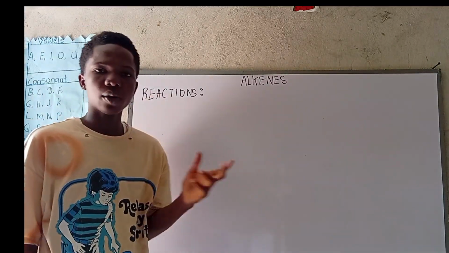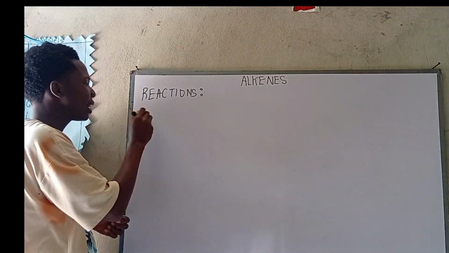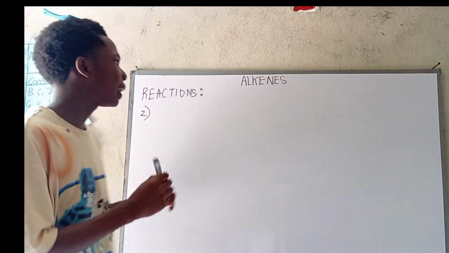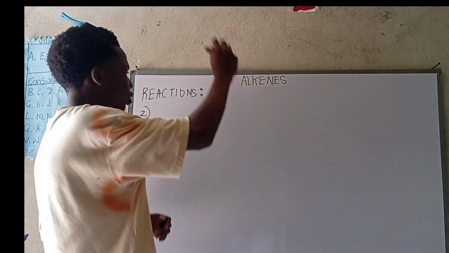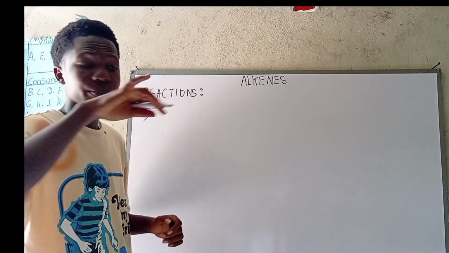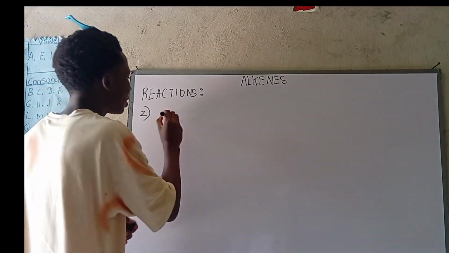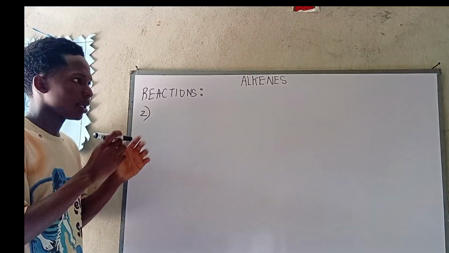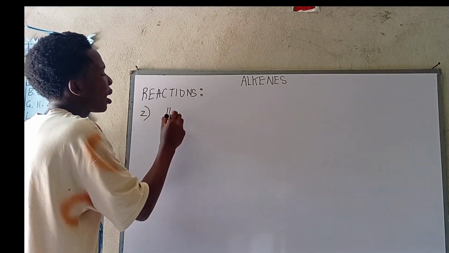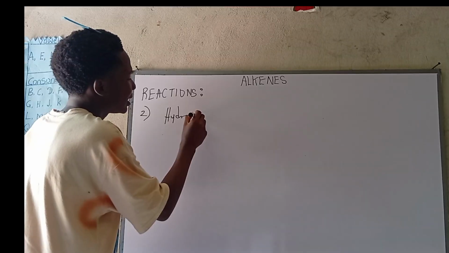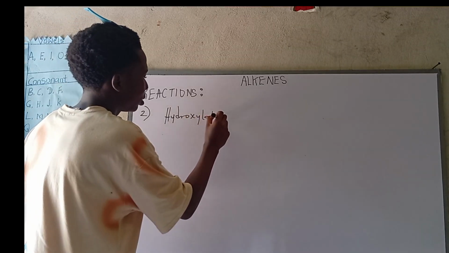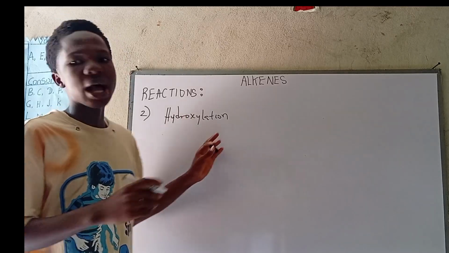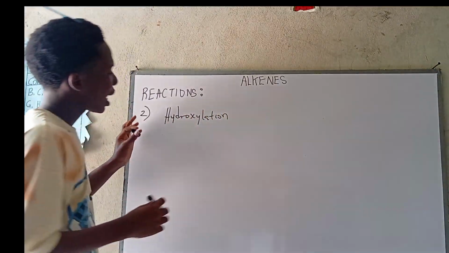Alright guys, now this second reaction is kind of going to be funny, but you'll get it if you get the whole point. We know it's a reaction of alkenes, so alkenes will definitely be present. What are we looking at here? Hydroxylation.